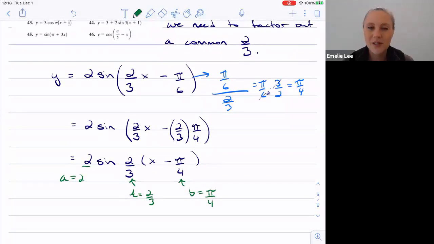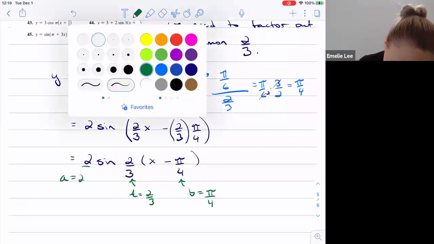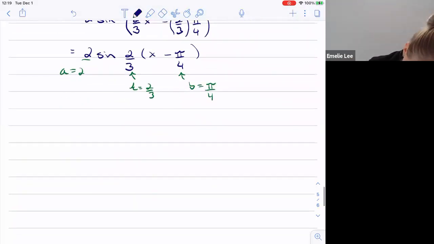Great. Now we can find the amplitude, we can find the period, and we can find the horizontal shift, and then we can have a pretty good idea of what this graph is supposed to look like. So the amplitude is the absolute value of a, which is the absolute value of 2, which is just 2.